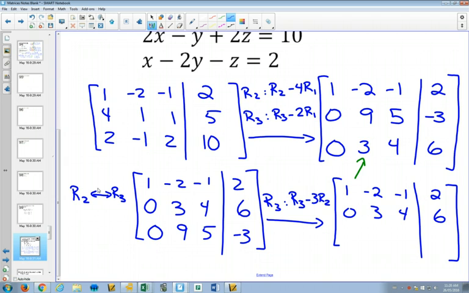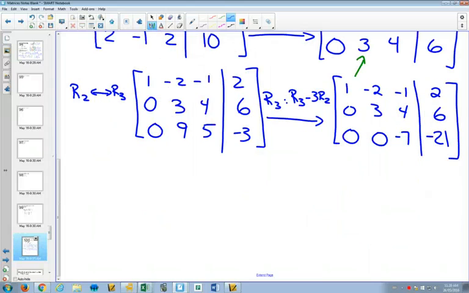And when I take row 3 and minus 3 row 2s, I'm going to get 5 minus 12 and negative 3 minus 18. Things are looking good. So now we've succeeded in getting the bottom left-hand corner to all be zeros. The last thing we need to do for row 3 is divide it by negative 7.